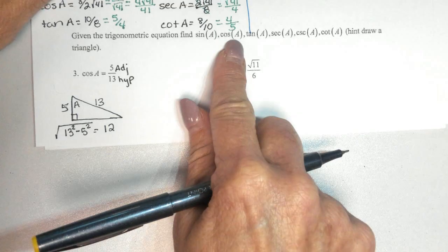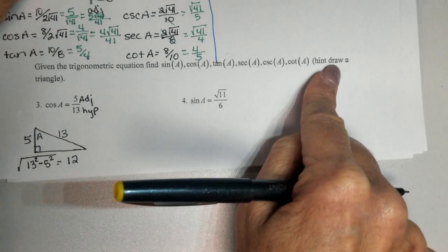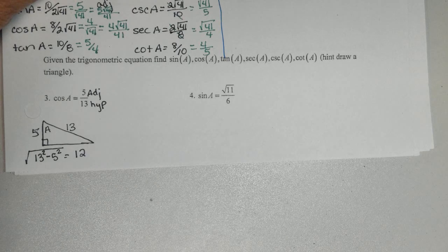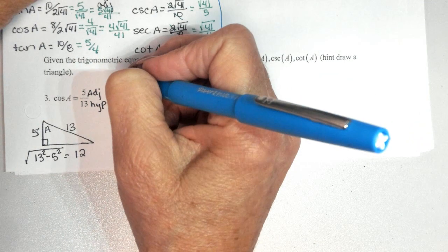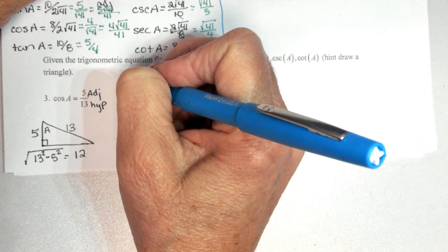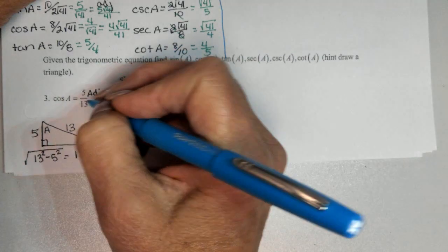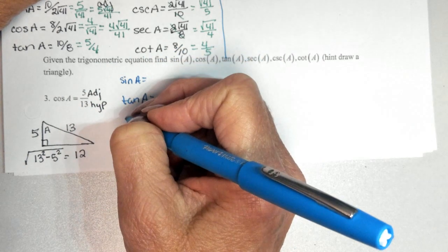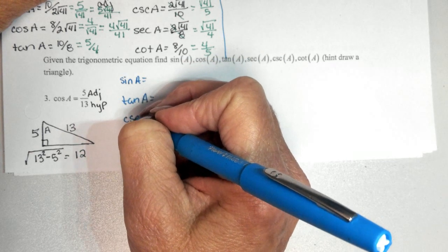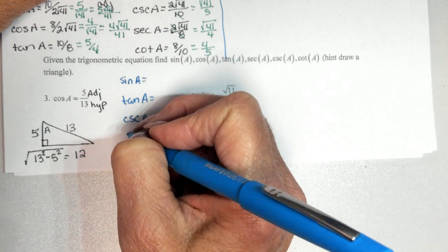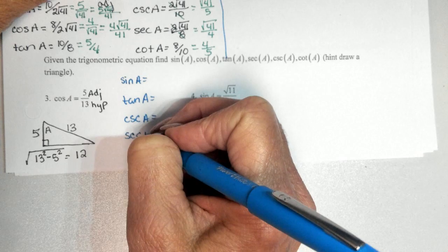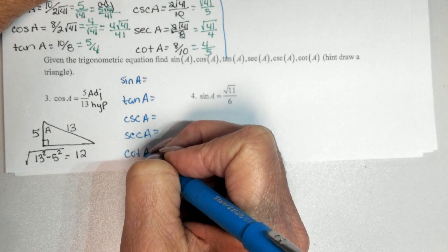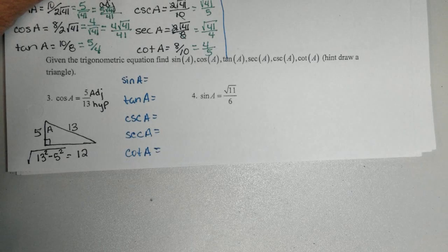You are asked to find the rest of the trig ratios with that. So what we're going to do is start with sine of A. We've got cosine. Then we'll do the tangent of angle A, the reciprocal of sine, which is cosecant, the reciprocal of cosine, which is secant, and the reciprocal of tangent, which is cotangent.